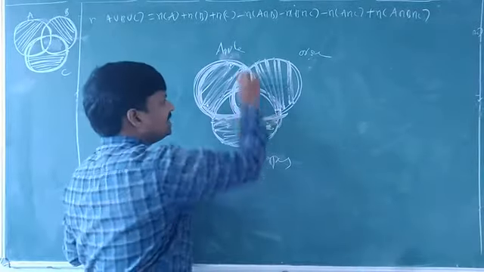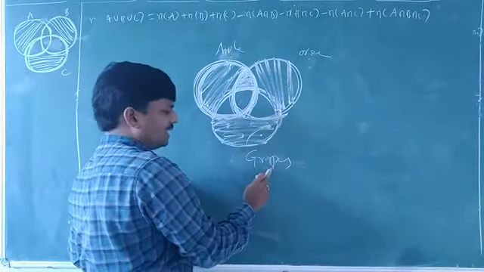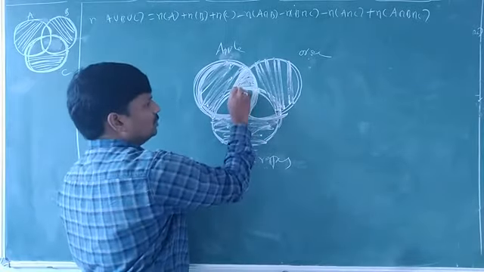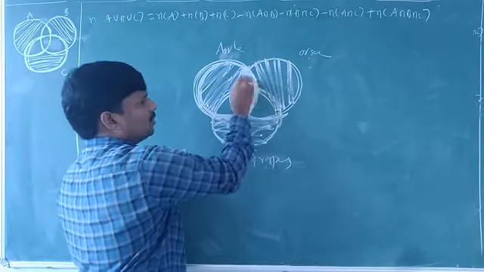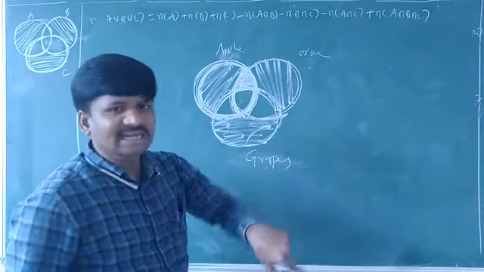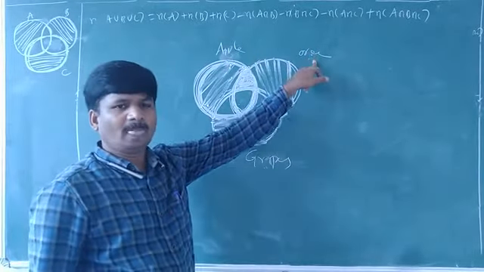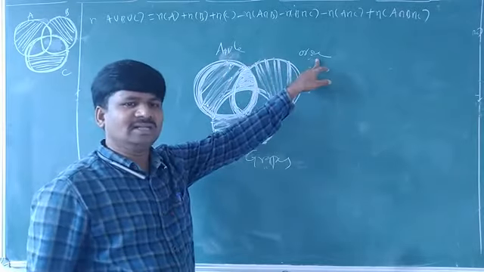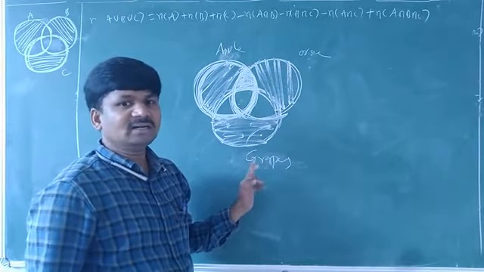So in this, apple juice, orange juice, grape juice people are there. If suppose we remove only this part, what is this part? The students taking only apple juice and orange juice. That students only drink apple juice and orange juice. They will not drink grape juice.